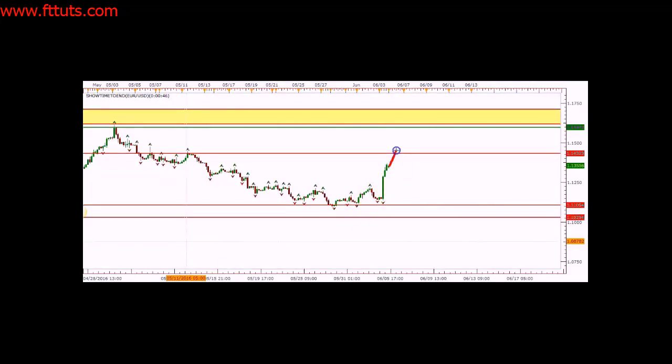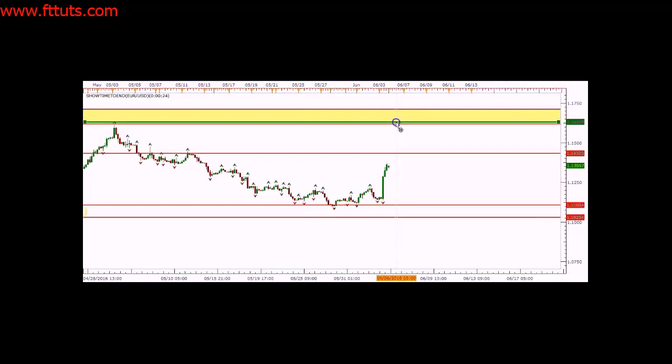As price moves up into this zone here and comes up, bounces around, then maybe comes up in the zone, now I'm very interested. All right, so what I'm going to do now, when price comes up into that zone, I'm going to move my entry from here to here, because we can trade this zone and we want price to drop back down and trigger us into the trade.